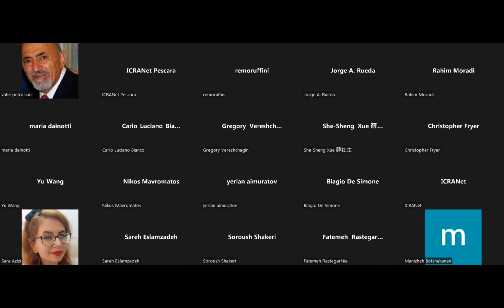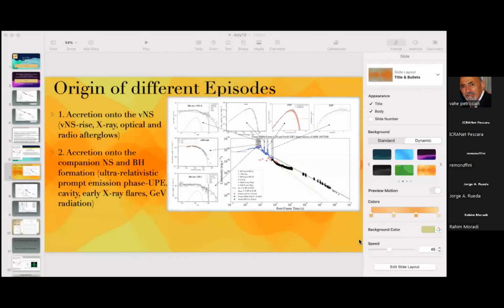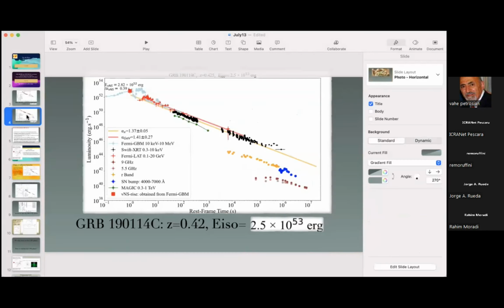Can I go back to the afterglow picture a moment, Raim? And I want to show you the thing which to me is the most exciting. Can you show, Raim, the other slides here? Okay. Vi, are you there? Yes, yes, I'm looking at it.